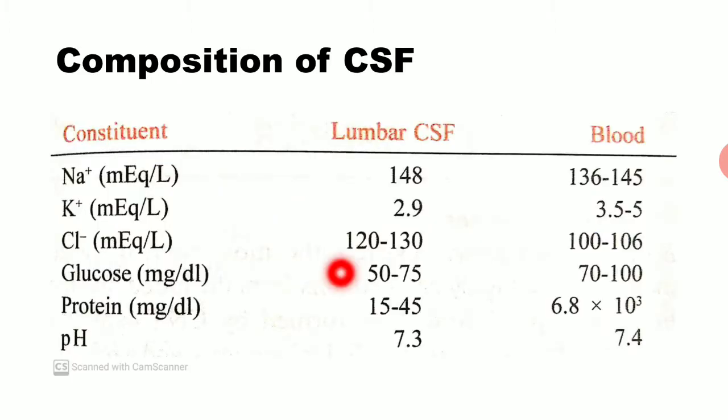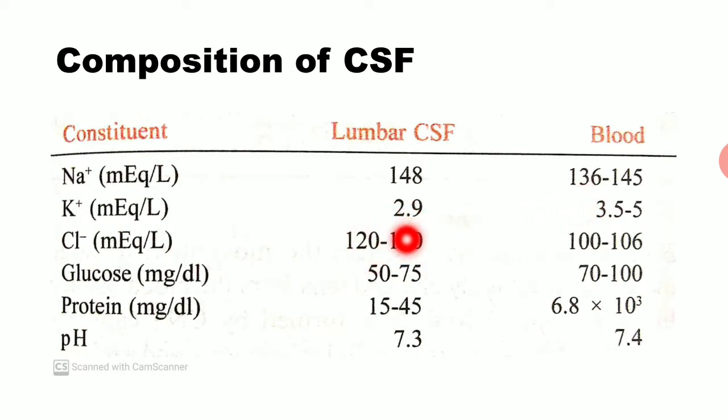Now, the composition of CSF: it contains sodium, potassium, chloride, glucose, and protein. There are differences between lumbar CSF and blood. Sodium in lumbar CSF is 148 milliequivalent per liter; in blood it is about 136 to 145 milliequivalent per liter.